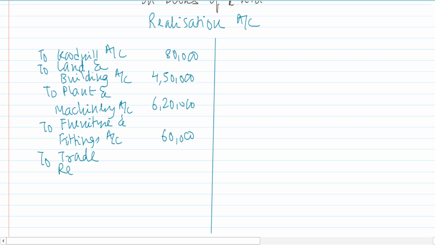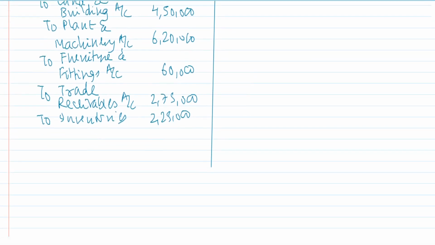Be careful, do not disturb the value. Trade receivables, 2,75,000, to inventories, I'm writing in short. To inventories, 225, right? 225.